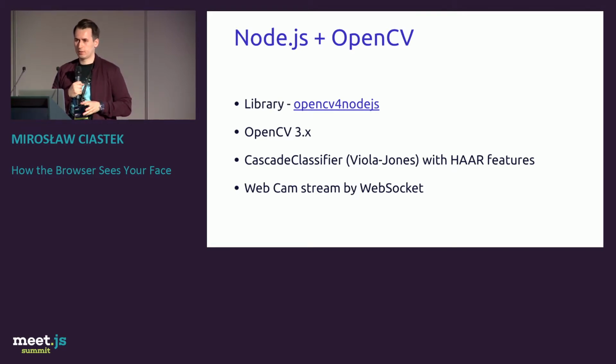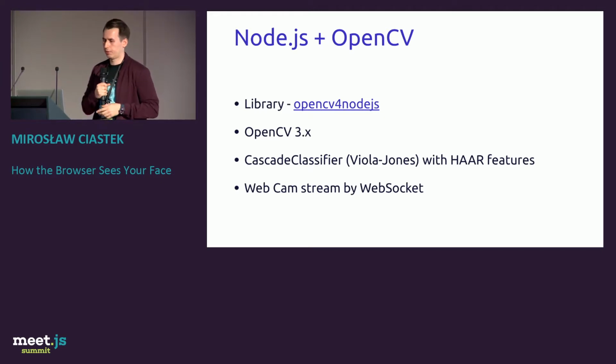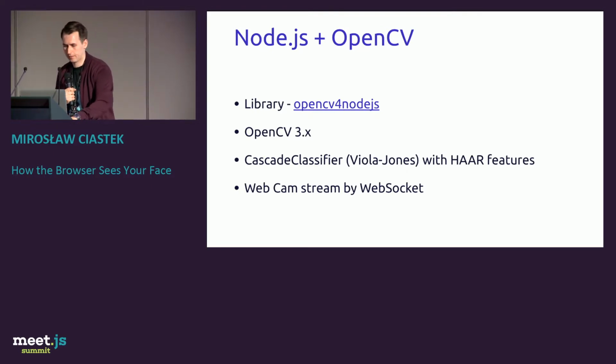Also, this classifier uses something called Haar features, which I will talk about briefly a bit later. And for example, to get the image and analyze it on the backend, you can stream the image via WebSocket. So for example, it's very useful for analyzing the stream from the webcam.